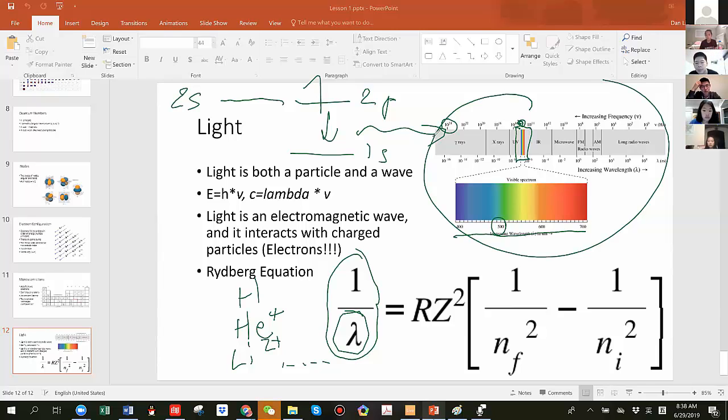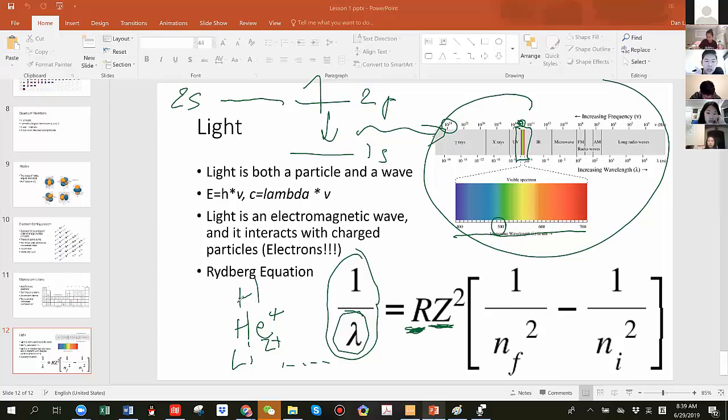But okay, so what this says is that if we have a photon emitted and we know its wavelength, then 1 over the wavelength equals the Rydberg constant times z squared. What's z? z is the nuclear charge, so it's how many protons are in the atom.